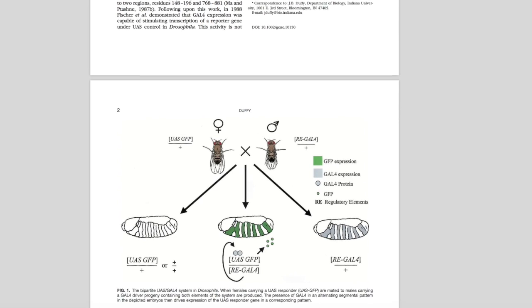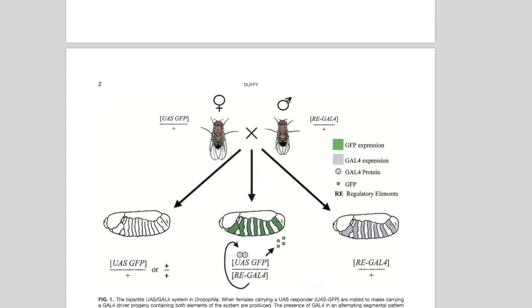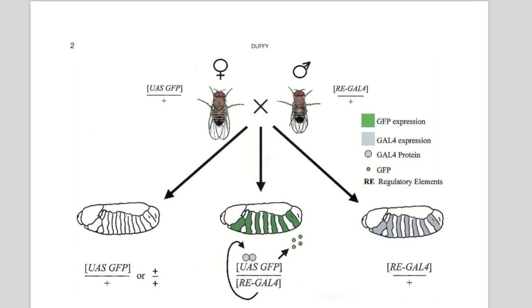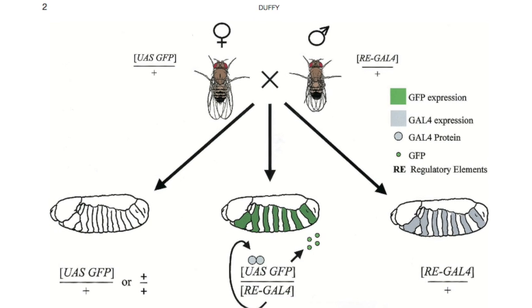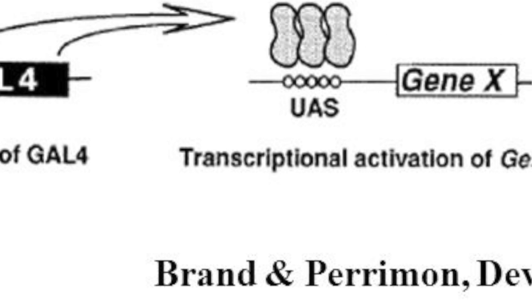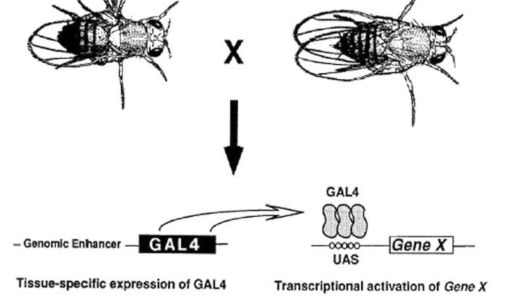The article goes over many experiments to convey the effectiveness of this system, and I'm going to be talking a bit about the first one, which is depicted in Figure 1. The experiment shown in this figure was performed by two Harvard medical scientists called Brand and Perrimon. They were interested in controlling cells and their phenotypes through targeted gene expression.